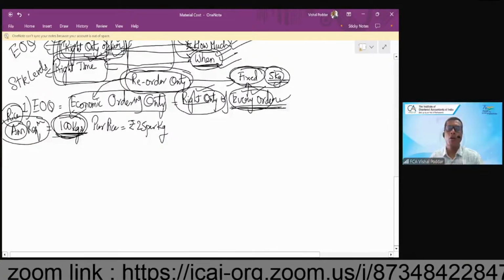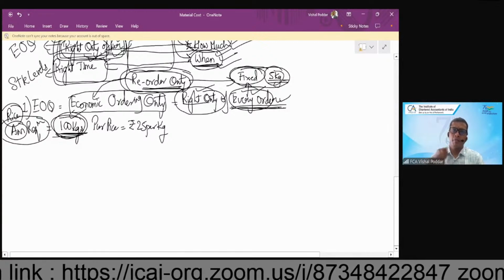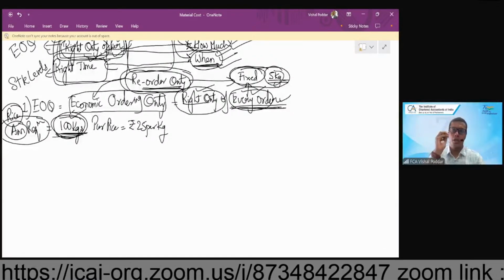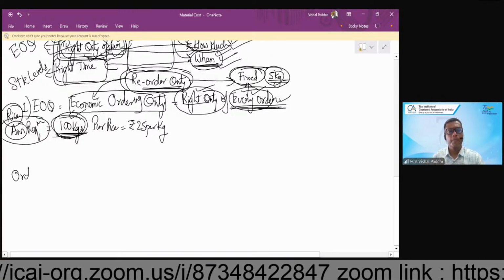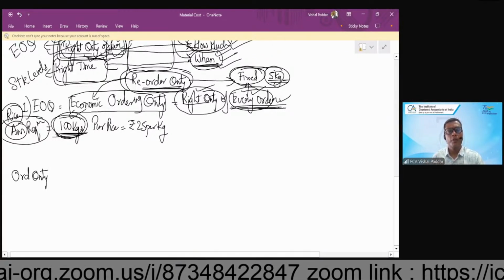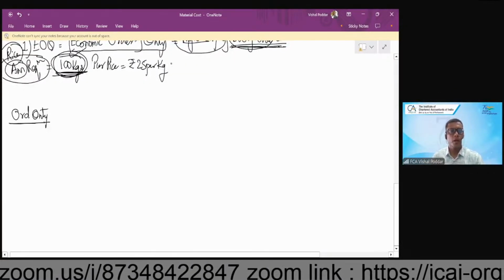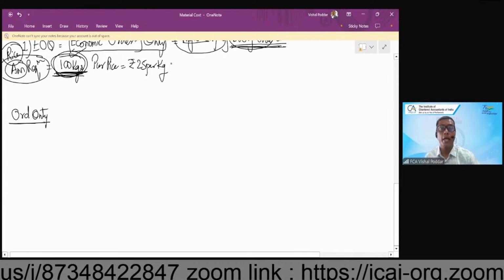So what is economic order quantity? It is the order quantity, that is, a quantity for which you will place an order again and again every time. And this quantity is the most economical quantity. Now here, I make the first column with the heading of order quantity. If I have to purchase 100 kgs, how much can I order every time?